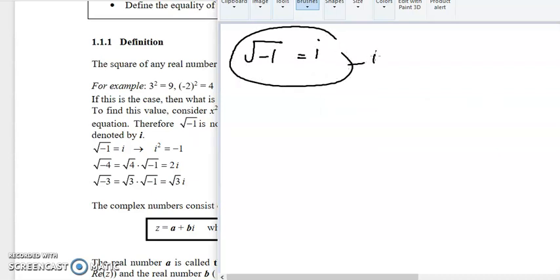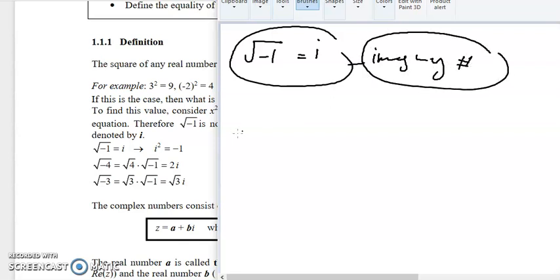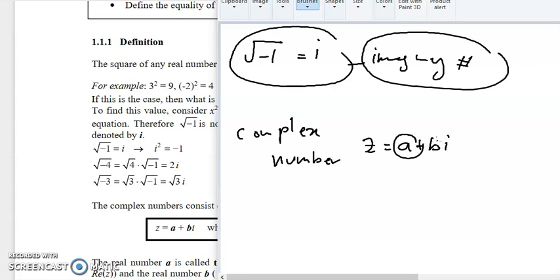So this is an imaginary number. Which is how we get the complex number. What is a complex number? In a simple way, a complex number Z is equal to a plus bi, where a and b are real numbers and i is our imaginary number.